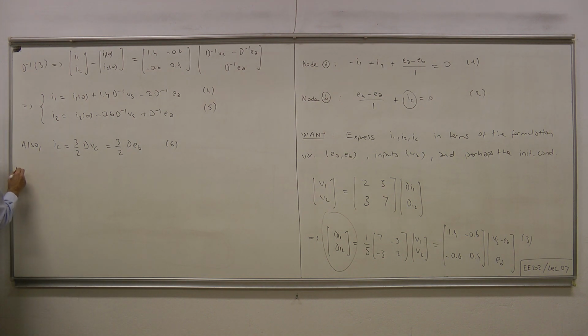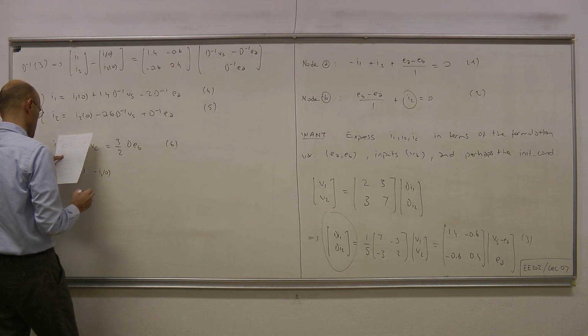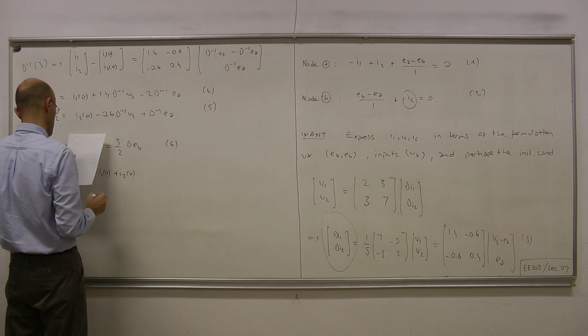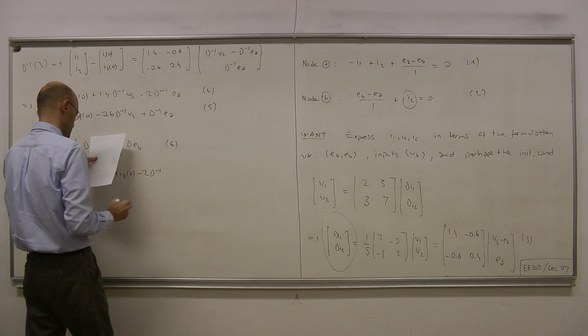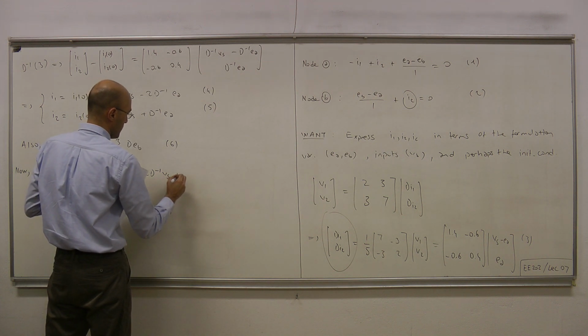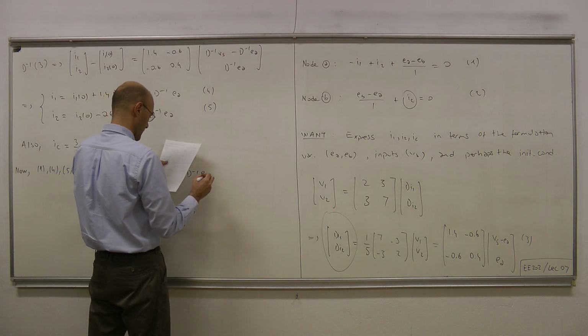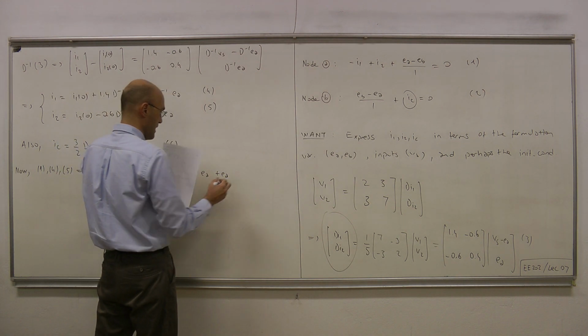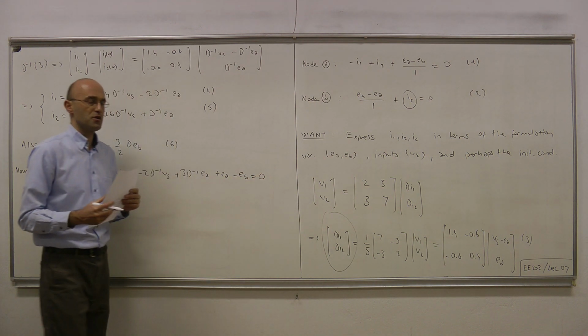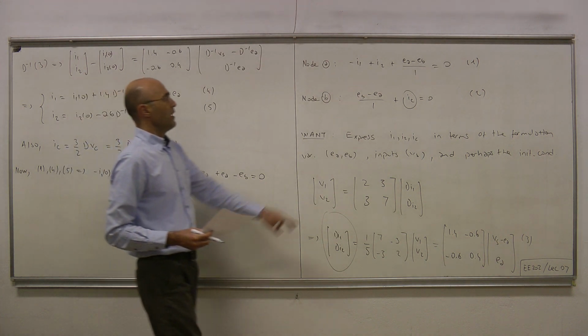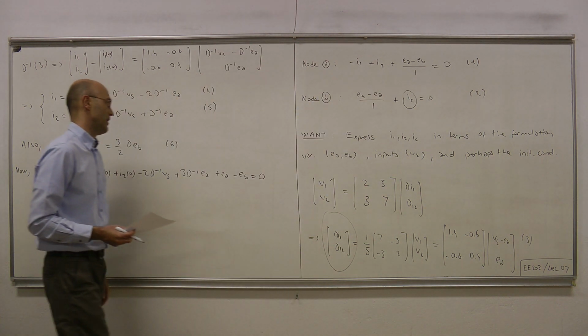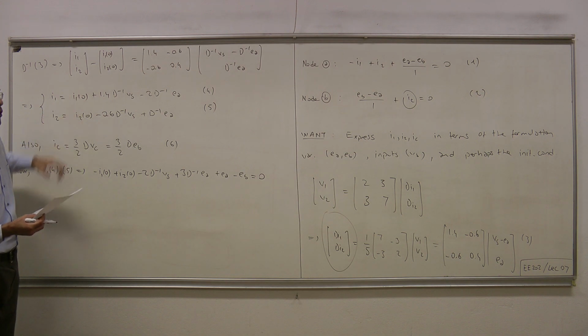Now, let's do that. 1, 4, and 5 yields I1,0 plus I2,0 minus 2 times the integral of Es plus 3 times the integral of Ea, plus Ea minus Eb equals 0, which we obtain by substituting I1 and I2 by the expressions that we obtained earlier.